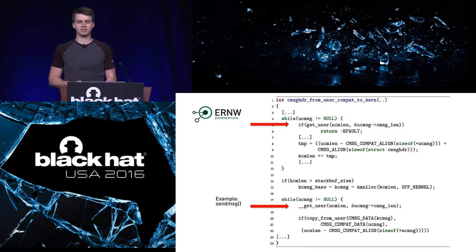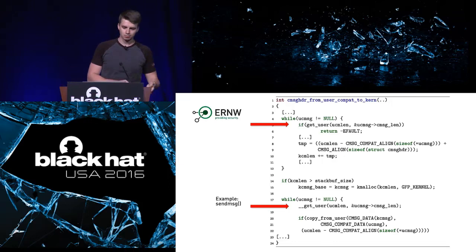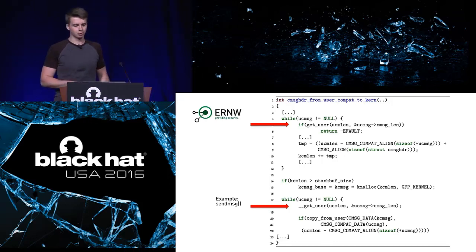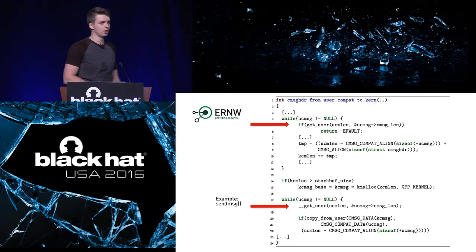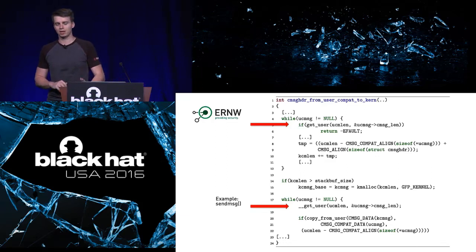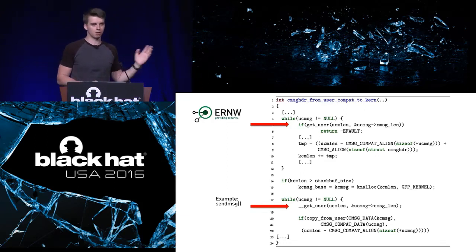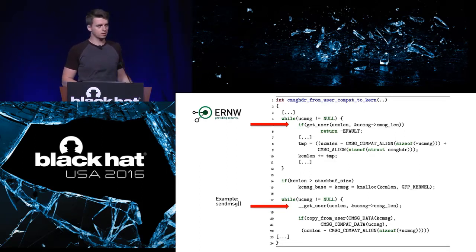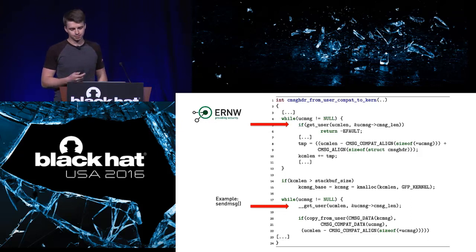Then a couple of lines later, they fetch the value again at the same address and use it as the size parameter of a copy_from_user call. Of course, an attacker can simply flip the value in between these two calls, and then you have a trivial stack-based overflow or heap overflow, depending on the size you originally passed. So this is the first example of these bugs.